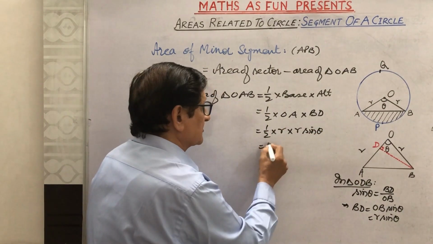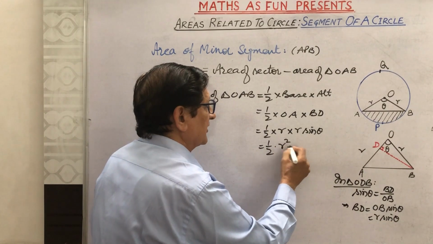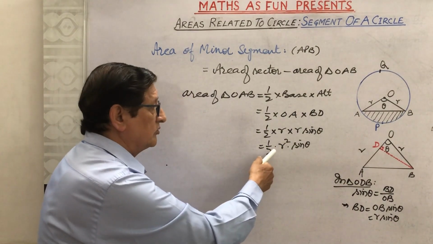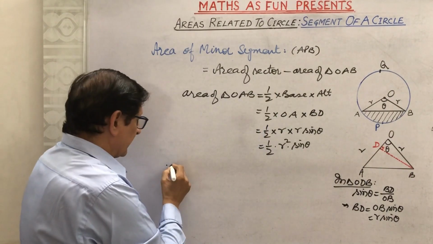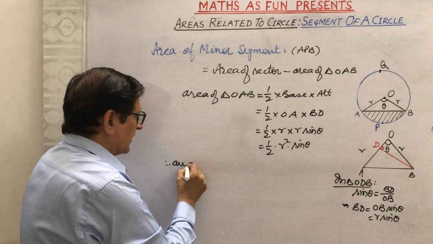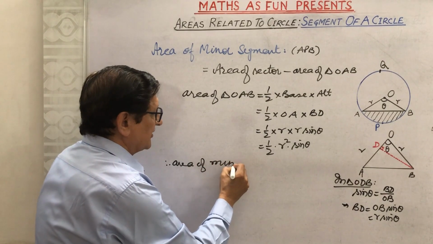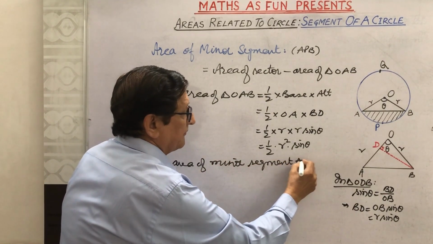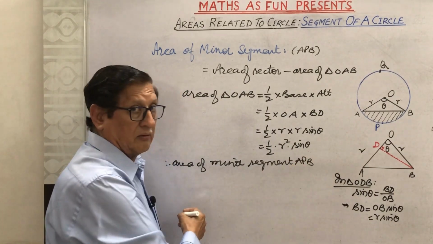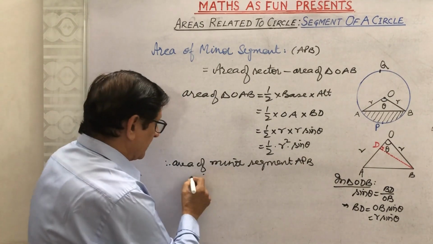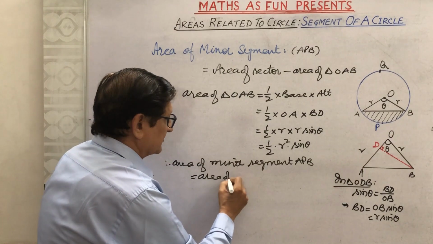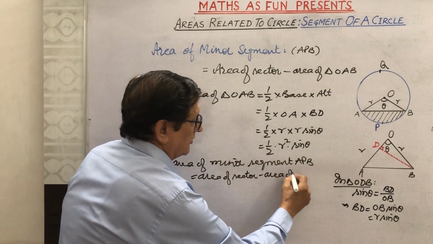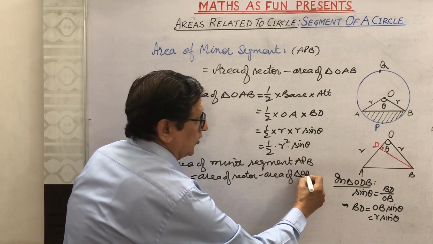So the area of this triangle becomes half into r square into sine theta. If we apply this value, we can find that the area of minor segment APB will be equal to the area of sector minus the area of triangle OAB.